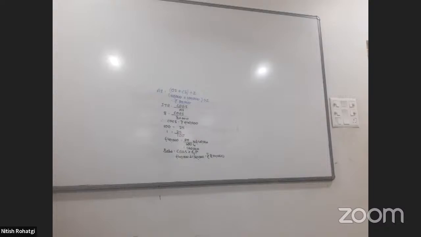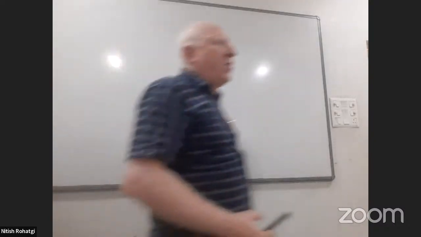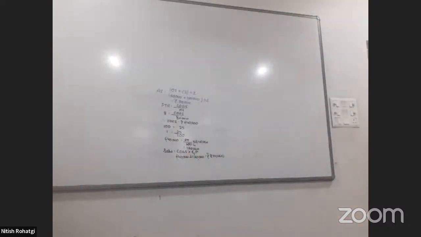From the following informations, calculate stock turnover ratio. Credit revenue from operations rupees 3 lakhs. Cash revenue from operations rupees 1 lakh.